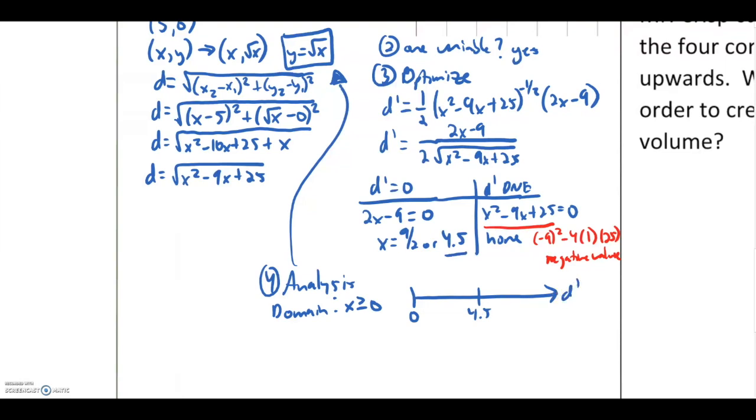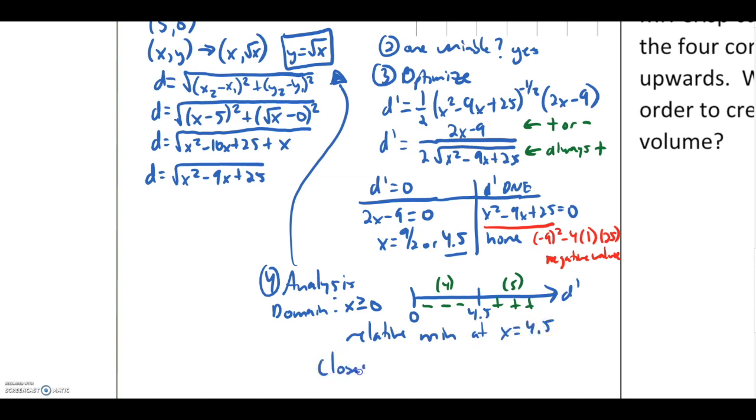And the cool part, when we test out our values in this fraction, recognize that this denominator is always going to be positive because we're taking positive square roots, so we're really just breaking down if this is positive or negative. So if we use something like 4 or 5, using a 4 would give us negatives, 5 would give us positives, and so our relative min, which is nice because we wanted to minimize this distance, at x equals 4.5, and we can finish our problem by answering the original prompt.